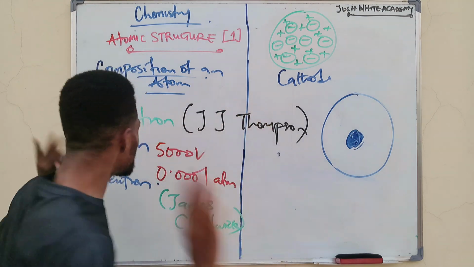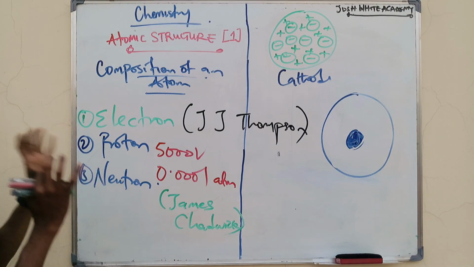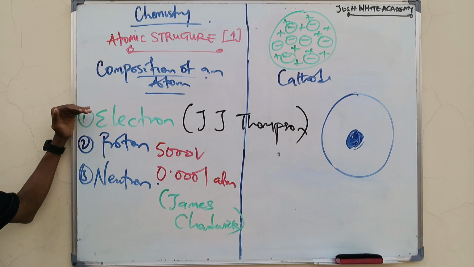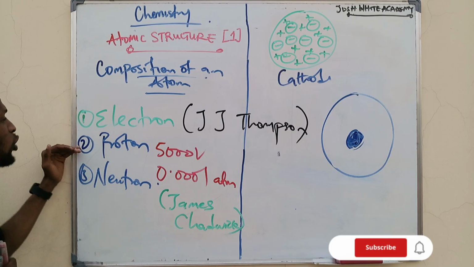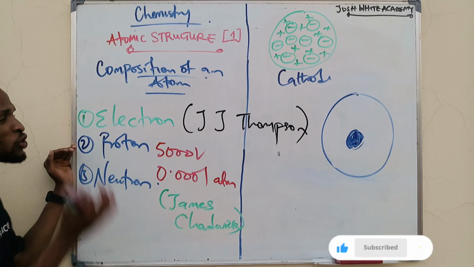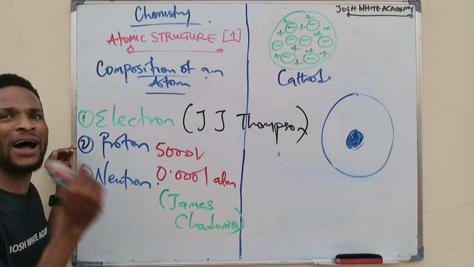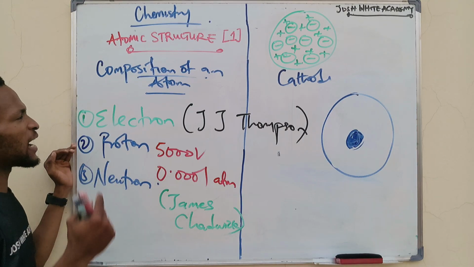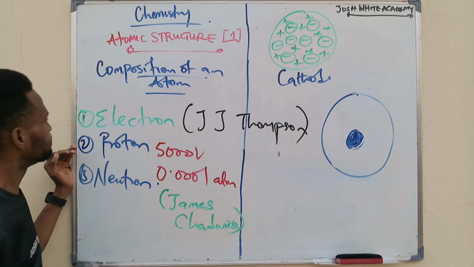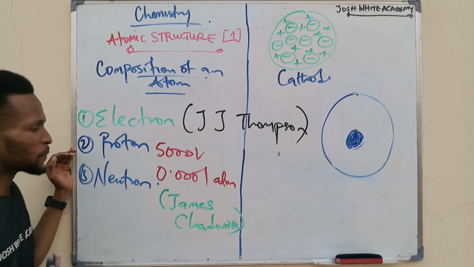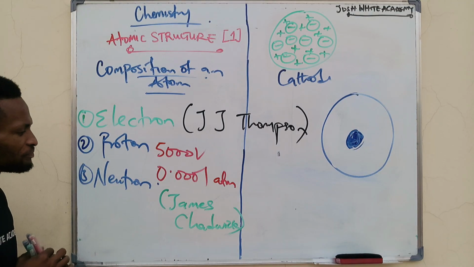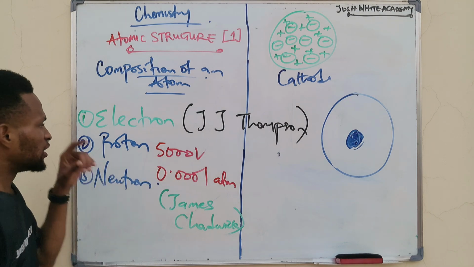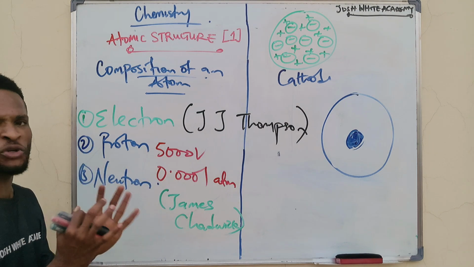So that's it. The composition of an atom. An atom is made up of the electron, which is negatively charged, the proton, which is positively charged, which also has 1 unit, but is 1,840 times denser or heavier than the electron. And lastly, the neutron, which does not have any charge.